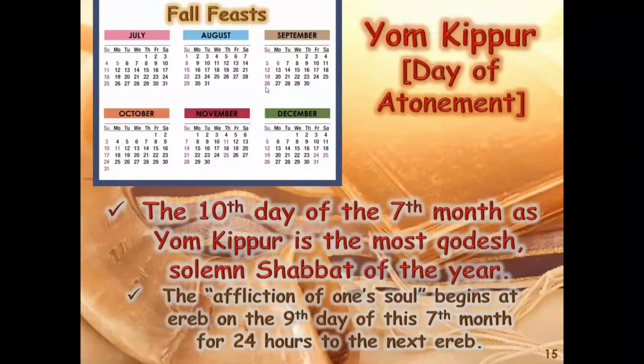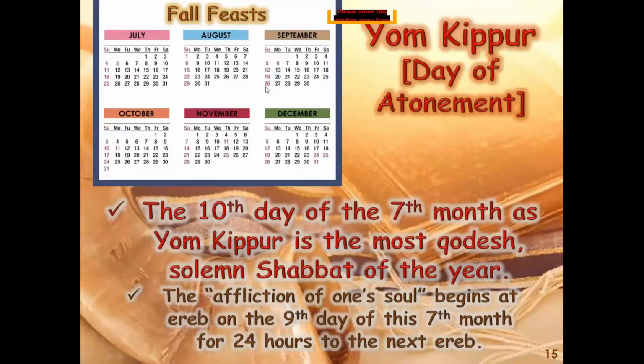Now we need to remember that with Day of Atonement or Yom Kippur, there's a command to afflict one's soul. When does that begin? When does the affliction begin? Twilight. Sunset. The day before, on the 9th. What's the date?